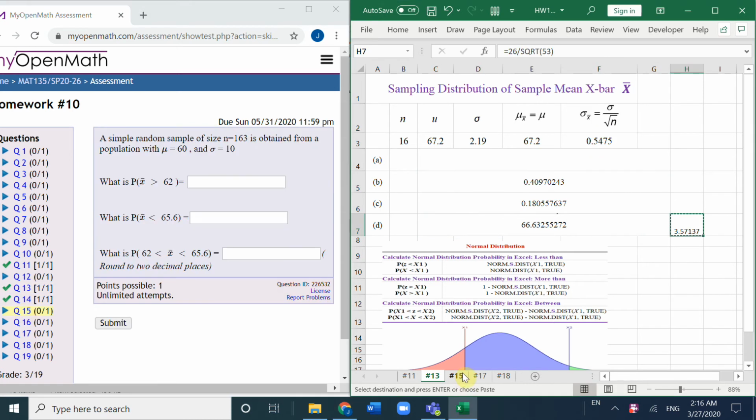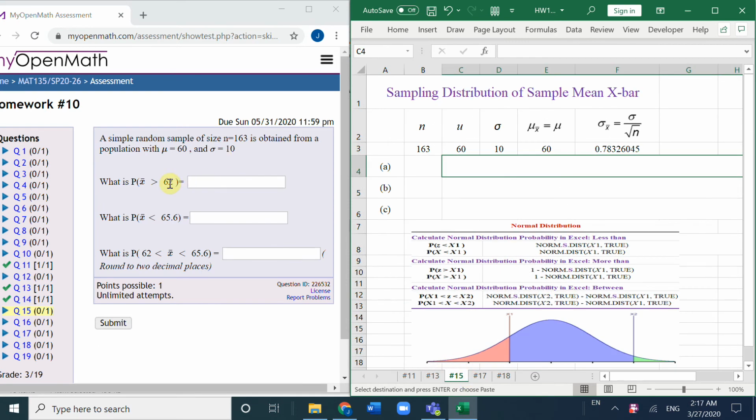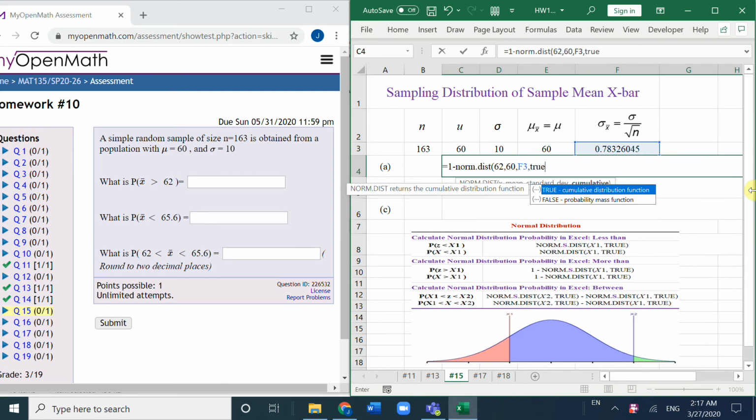Now let's do number 15. The first one is greater than, so we choose this second case, more than, equals 1 minus norm distribution, and x is 62, mean is 60, and the deviation, be careful, here is x bar, so you need to choose this sigma for x bar and true.